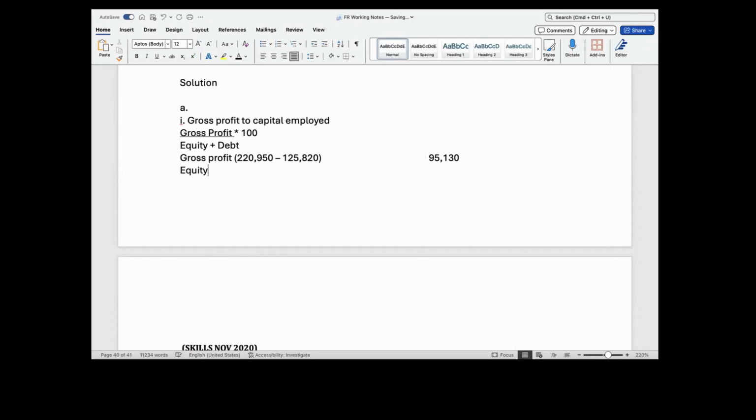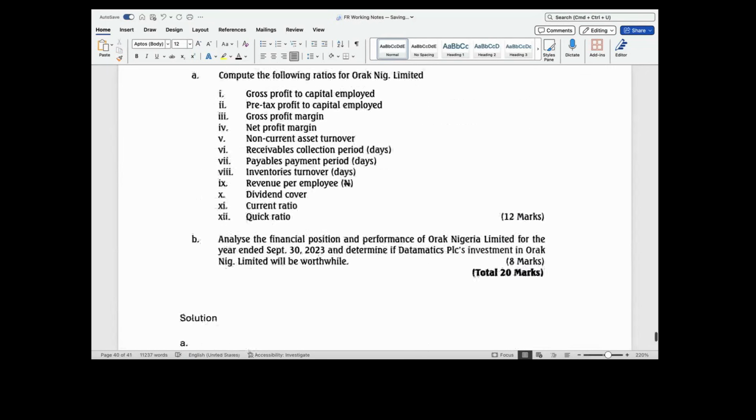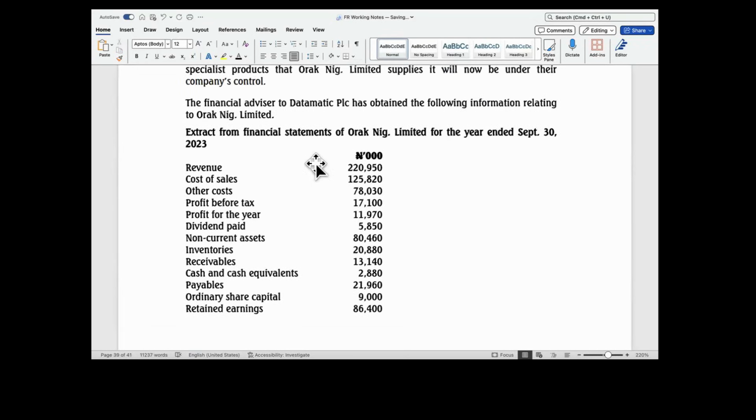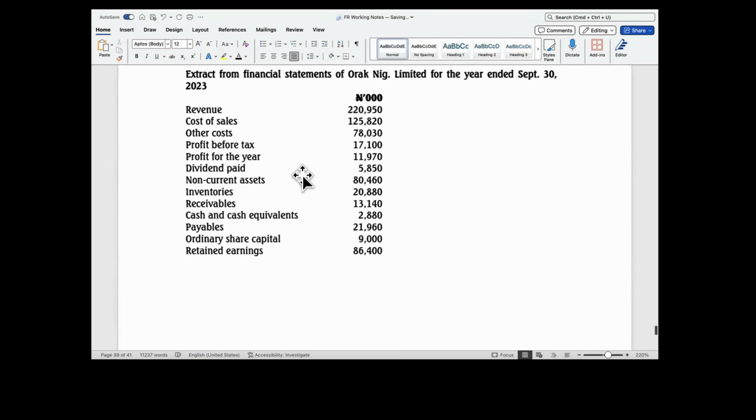So let's do equity plus debt. Looking at the information they gave us, I can see we don't even have debt here. They didn't give us anything around borrowing, so we can just use equity. So what's the figure for equity here? How do we get equity here? 86,400? No, that's not equity.